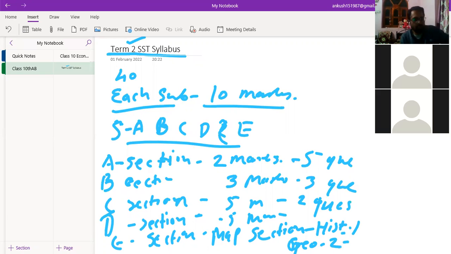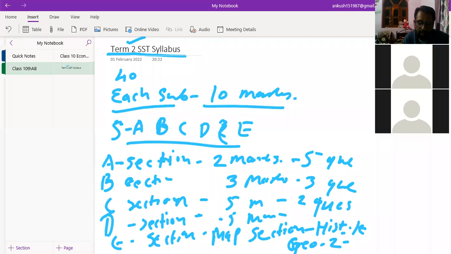History is based upon identification. You would be given a place name or an explanation, and you will have to identify that place.